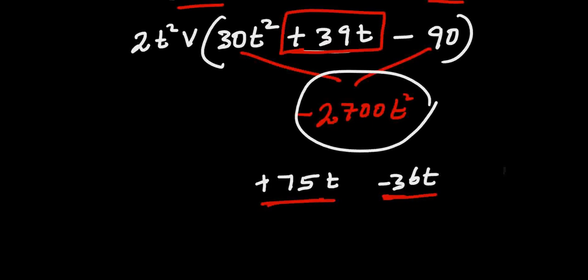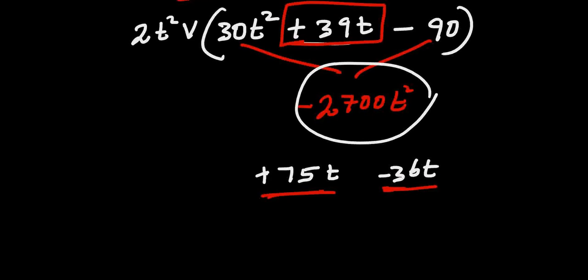All right, so we can now write this expression again. So we have 2t squared v. Now we are going to use a block bracket, and we now have 30t squared.